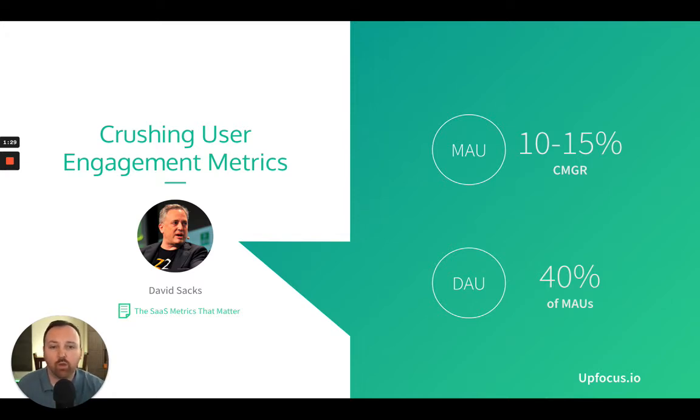But a very simple way to know, am I doing well with product market fit, is to just see, are you getting a 10 to 15% compounded monthly growth rate for your monthly active users, which just means that you're adding 10 to 15% every month. And do you have about 40% of those folks coming back on a daily basis? So on average, the monthly active user is visiting about 2 times a week. If you're doing those two things, you're crushing it on your user engagement metrics.